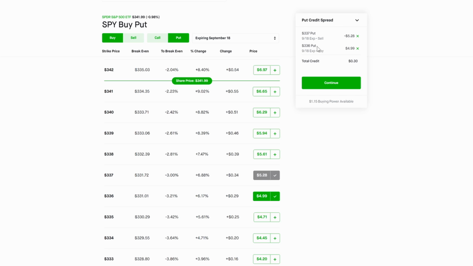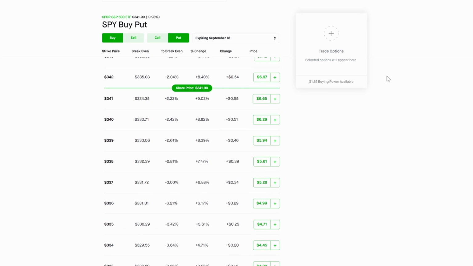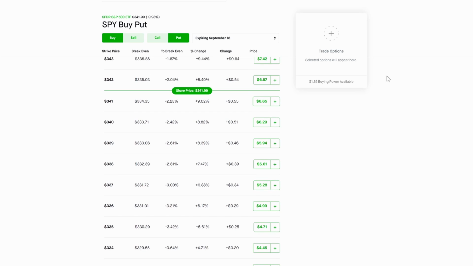So now that you know how to do a debit put spread and a credit put spread, I want to show you guys another strategy called the iron condor. The iron condor is a combination of both the put credit spread and the call credit spread. And you do the iron condor if you think the stock will not move between two prices.